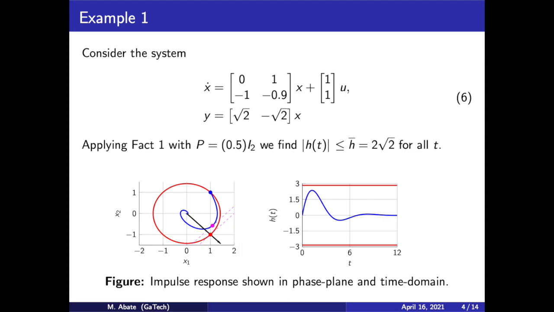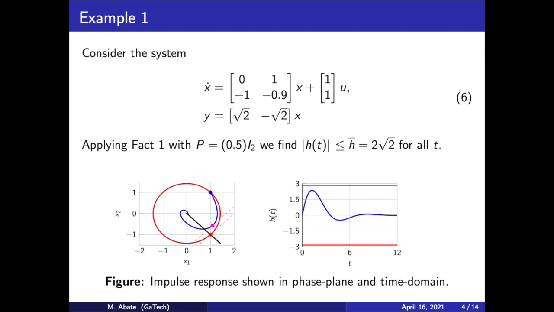All right, and to give a little bit of intuition here as to what's going on under the hood, we can look at a phase plane representation of the impulse response. What's happening is that the system is asymptotically stable. So when you start at the blue dot, this is the beginning of the impulse response, you're going to converge towards the origin, but we have this Lyapunov function which gives you invariant sublevel sets.